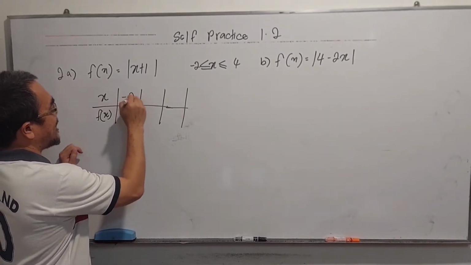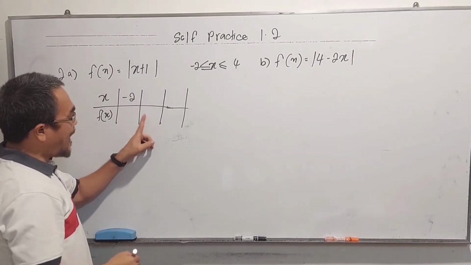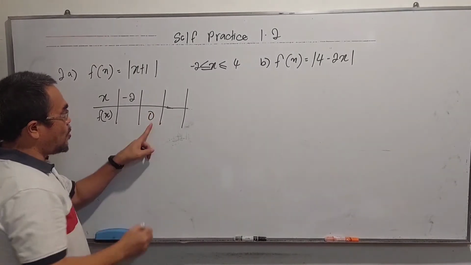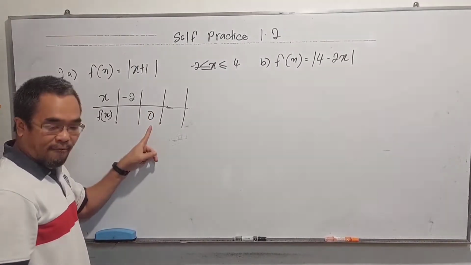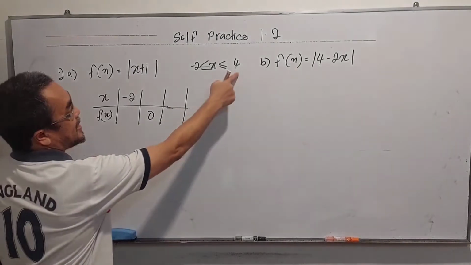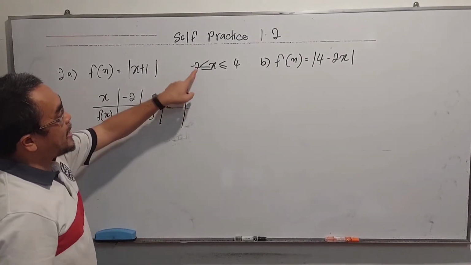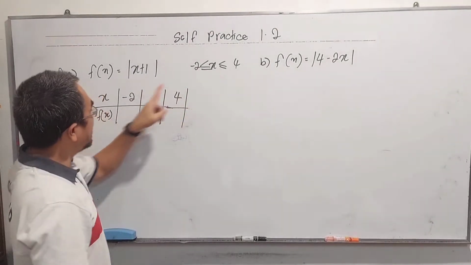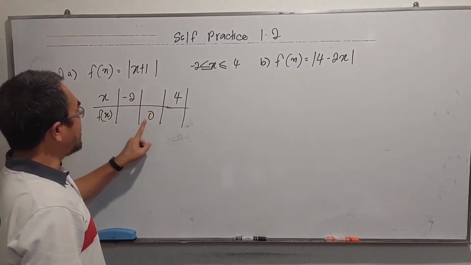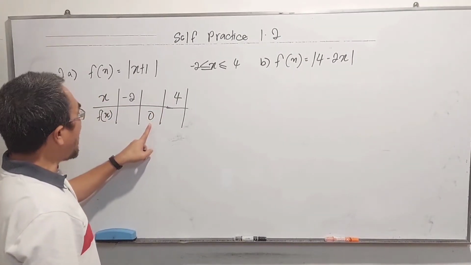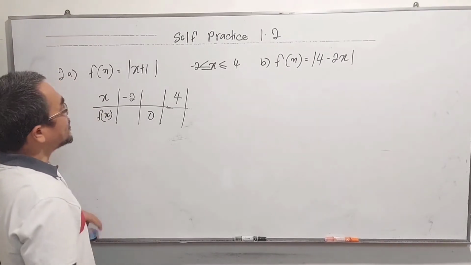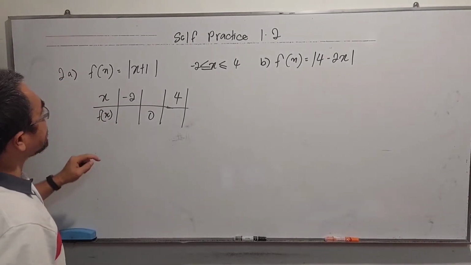I start with -2, then one value where f(x) is 0, and the other value. Okay, the beginning and the end, and one where f(x) is 0. So then I will calculate.